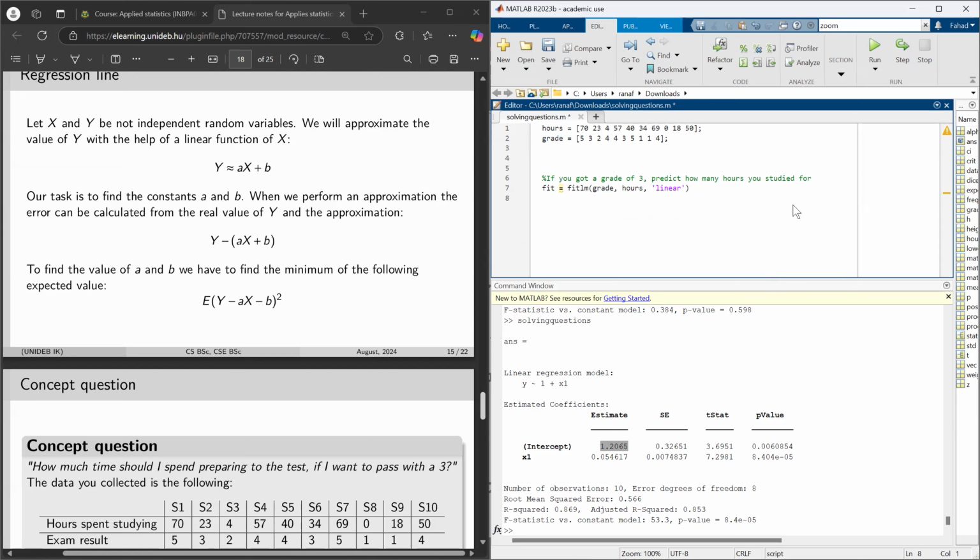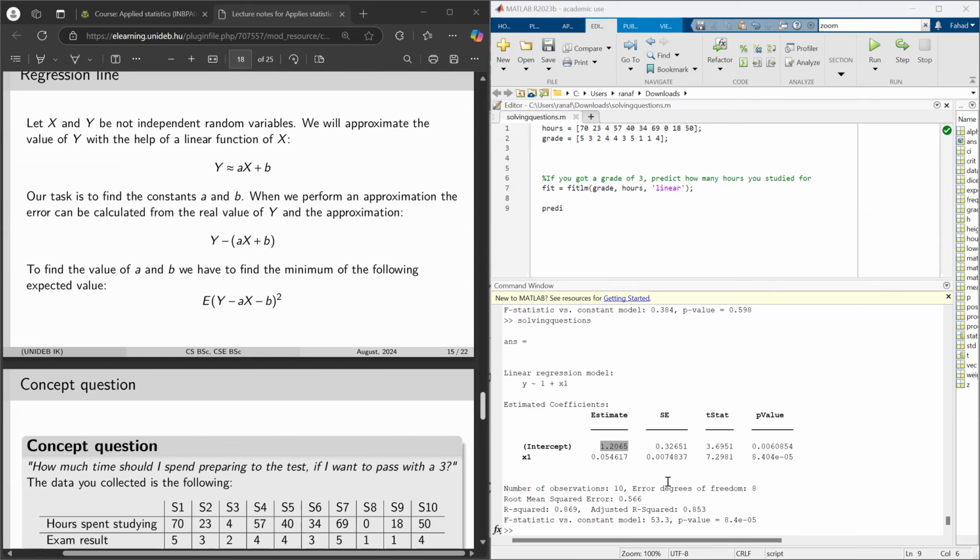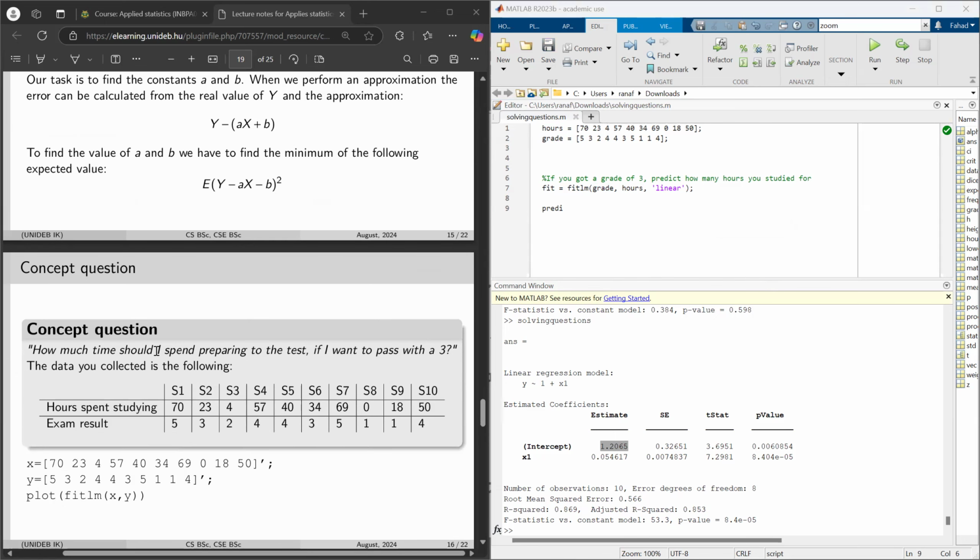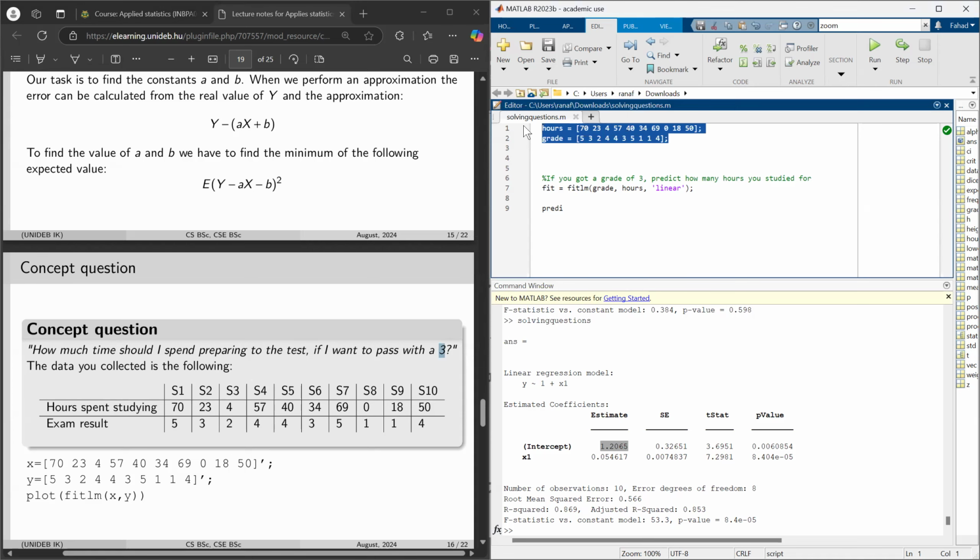Now, since that is done, you use the predict function. See, in this case, it says how much time should I spend preparing for the test if I want to get a 3. So we are given the grade. Here we have two arrays.